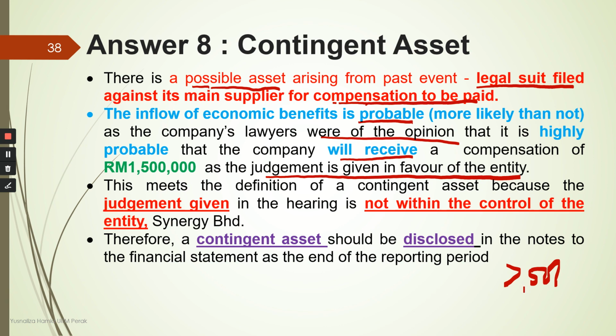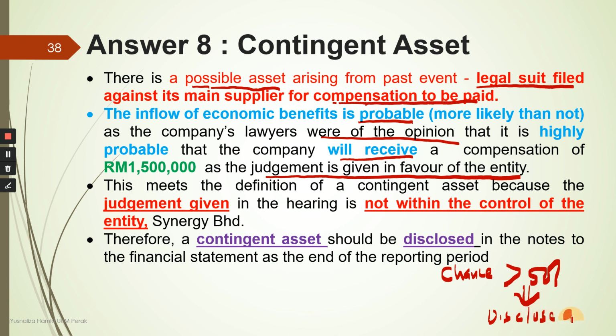So for inflow of economic benefit, if you have a likelihood of more than 50% of the occurrence of the event, but you have no control of that event, that will be disclosed, as I said earlier, disclosure only.